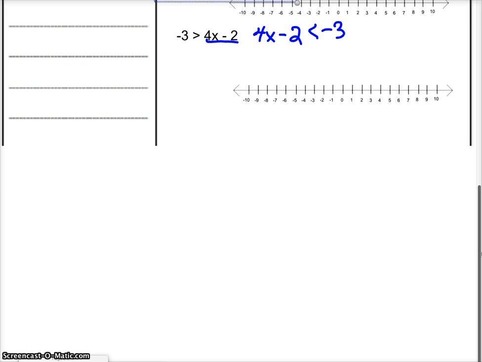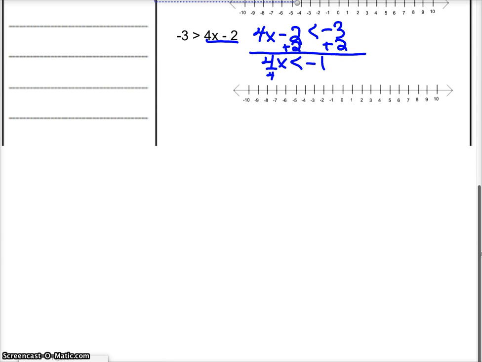add 2. This isn't even our learning target today. We're being more advanced than we need to. Today we're only solving 1 step. This is 2 steps. 4x is less than -1, divide by 4.